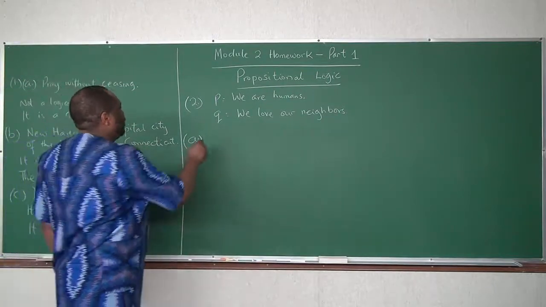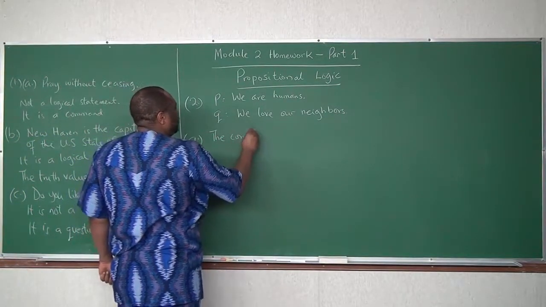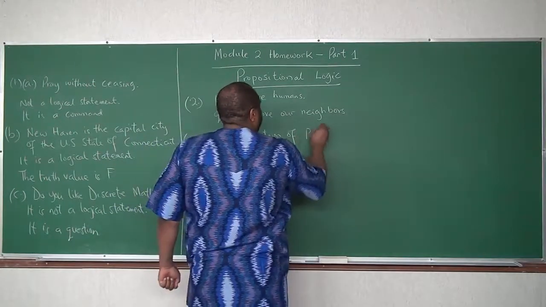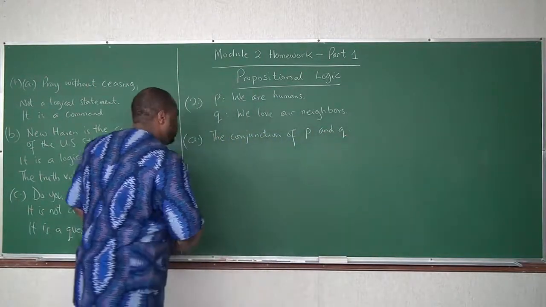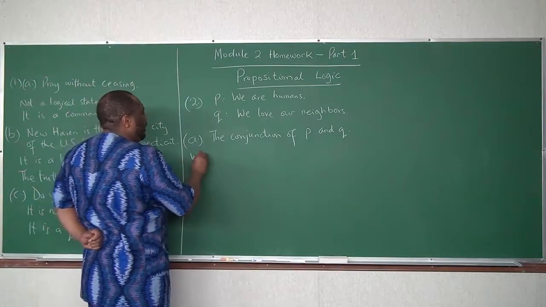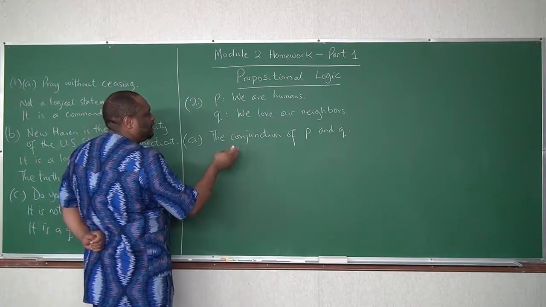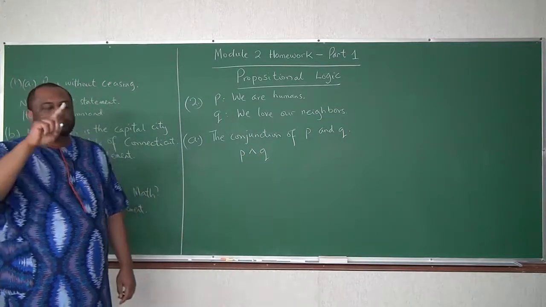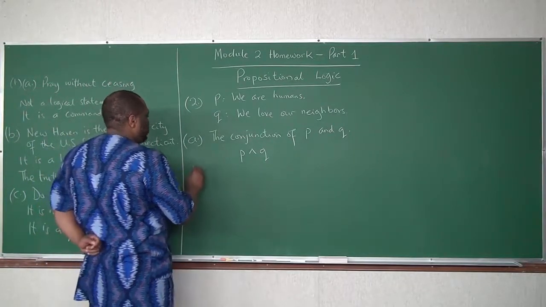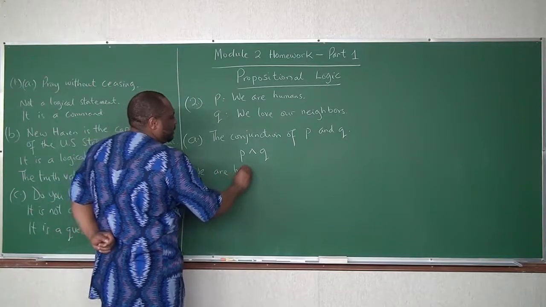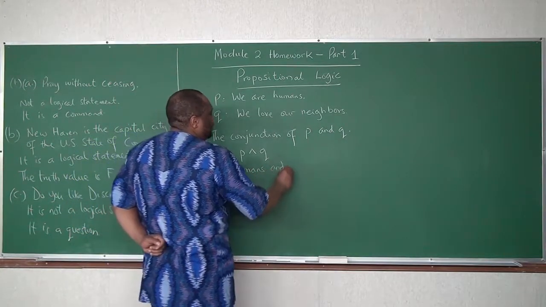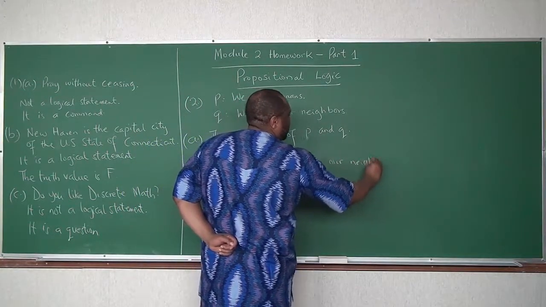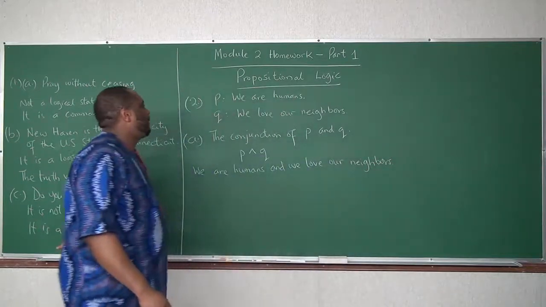A, the conjunction of P and Q. So this is the conjunction of P and Q: P and Q. Then the English is, we are humans and we love our neighbors. Okay? That is the English there.